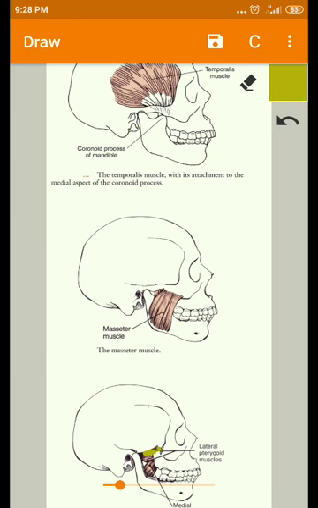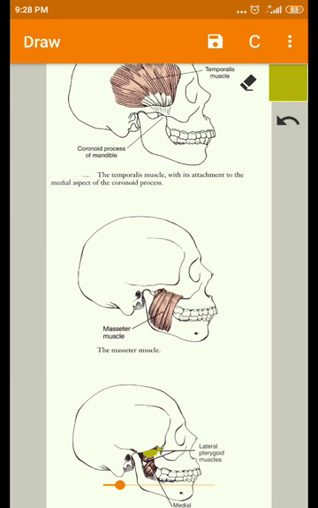So here the purpose of these superior fibers is, as we know that the articular disc is attached anteriorly with the superior fibers of the lateral pterygoid, and also it is attached to the capsule, isn't it? So what happens during elevation?